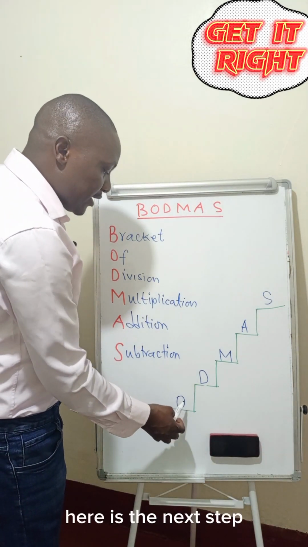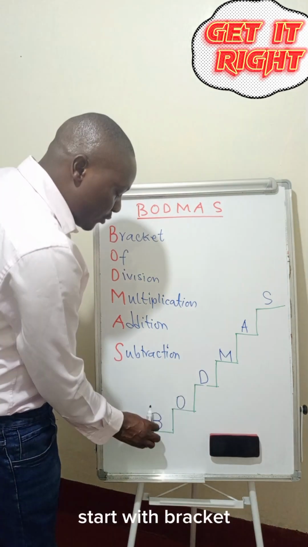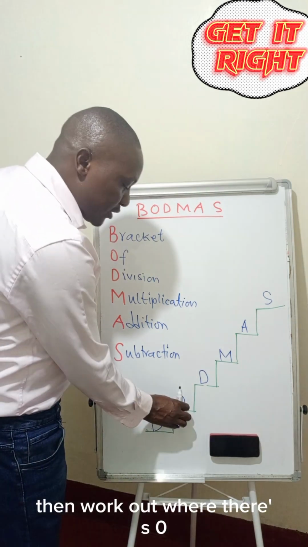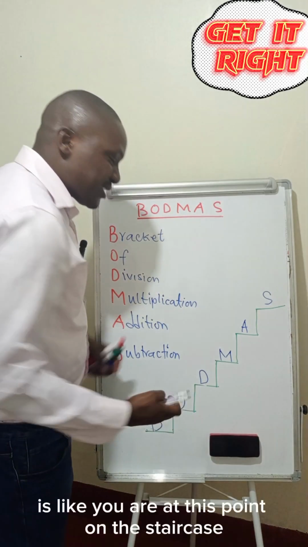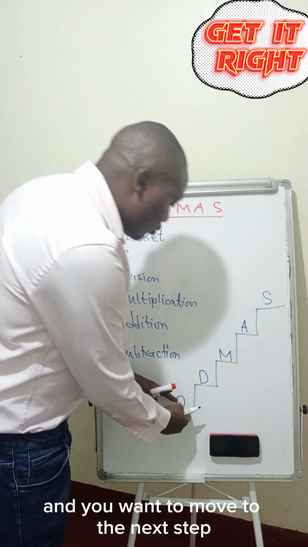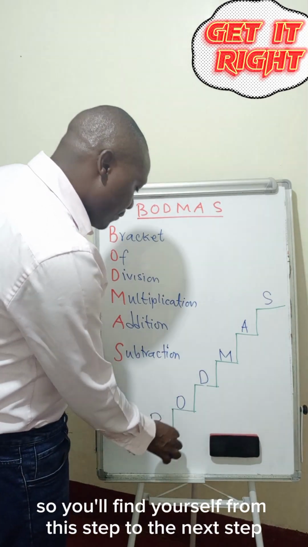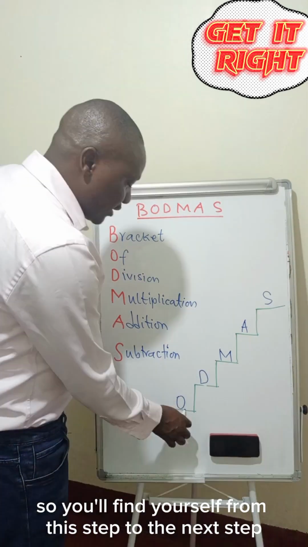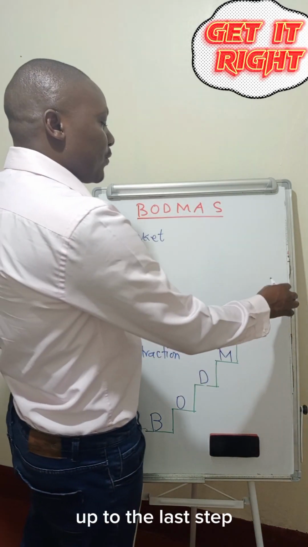If bracket is there and of is there, start with bracket, then work out where there is of. And if bracket is not there and of is there, start with the of. So you'll find yourself moving from this step to the next step, up to the last step.